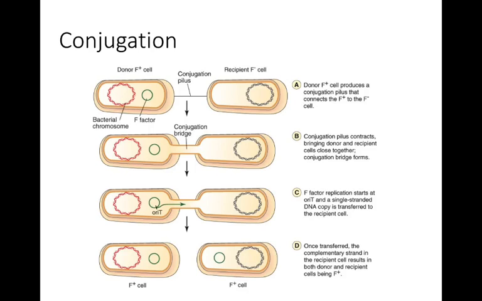The F plasmid, we're kind of leaving it a bit nebulous what's on it. There's a number of different genes that could be there. One, there's always going to be a gene to encode for a pilus. So the gene that encodes for a pilus would be found on this F plasmid. The other things we might find here, or the ones that we're most often concerned about, are antibiotic resistance genes.